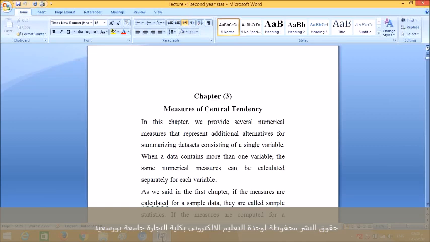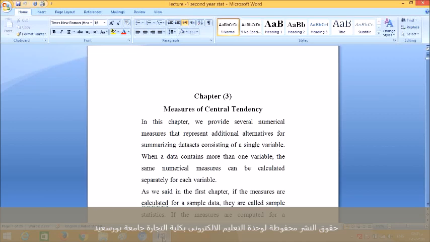Okay, so measures usually represent all the data summary in one figure or one number.